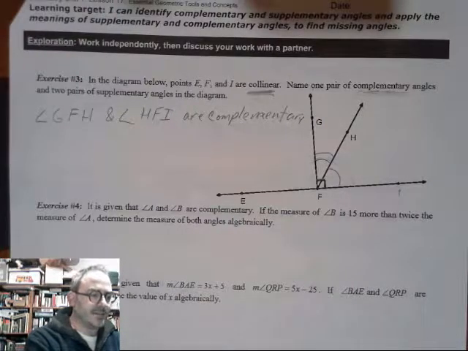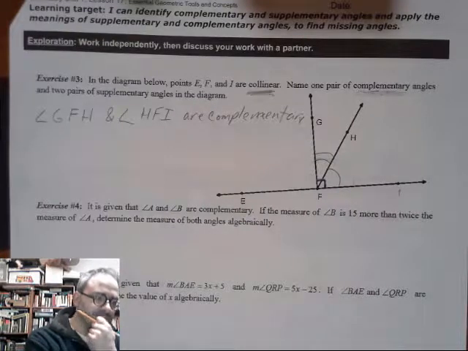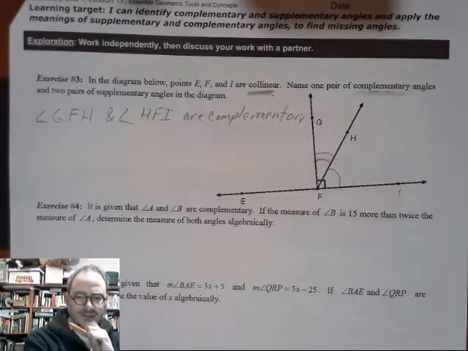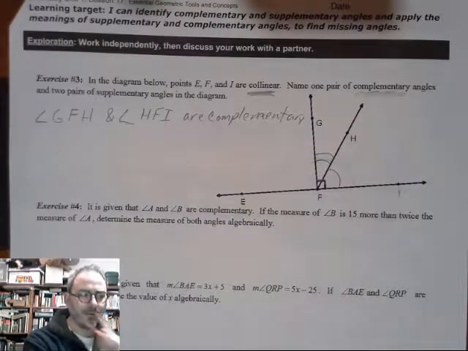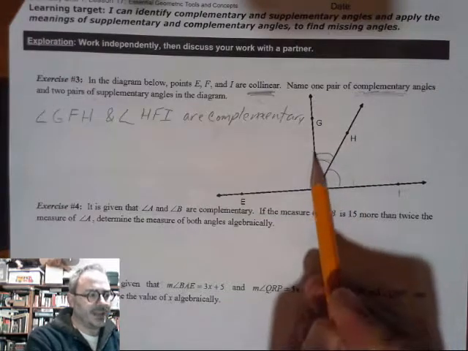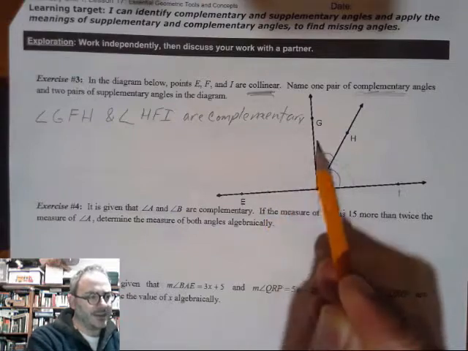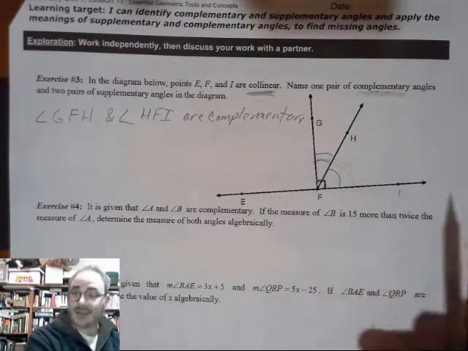Well, I'm looking at this and saying, two angles that will add up to 180 degrees, supplementary. Well, if this whole thing here is 90, that means this whole thing here is 90, which means together they add up to 180.